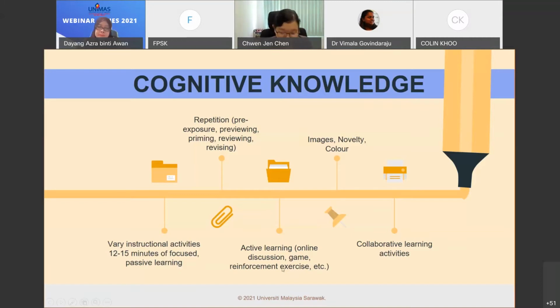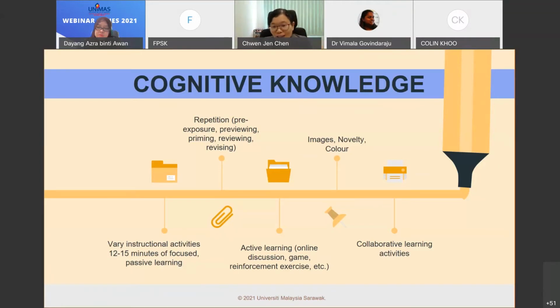And active learning is also very important. Try to include some kind of active learning, because studies have shown that this is how humans learn. When they are actively engaged, cognitively active, then they can learn better.